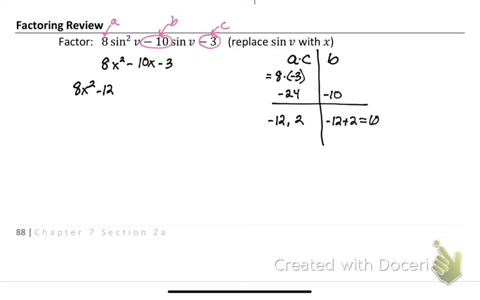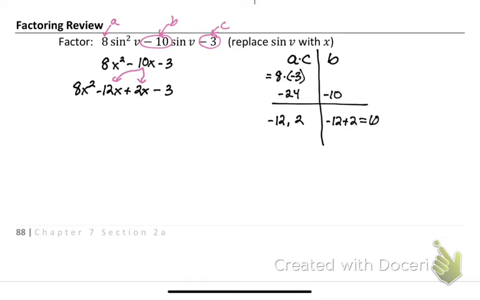So I'm going to put negative 12x plus 2x minus 3. All of that equals negative 10x. I didn't do anything wrong. I just broke it apart into two things that equal the same thing.